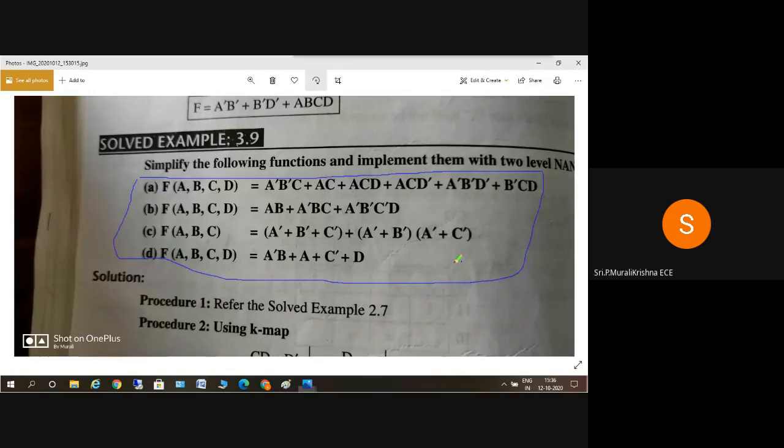Actually there is a mistake in this problem. There is no plus here. There is a bar: b bar plus c bar into a bar plus b bar, into a bar plus c bar. So there is a problem here.